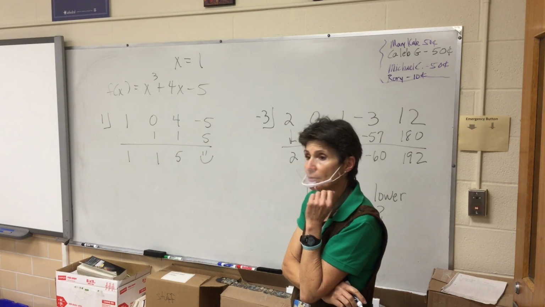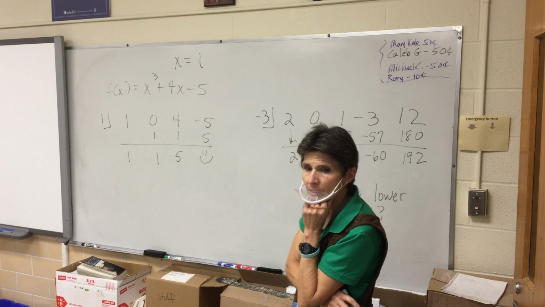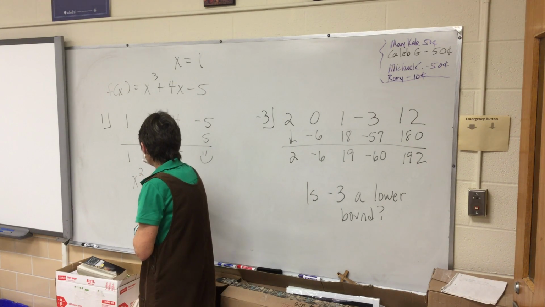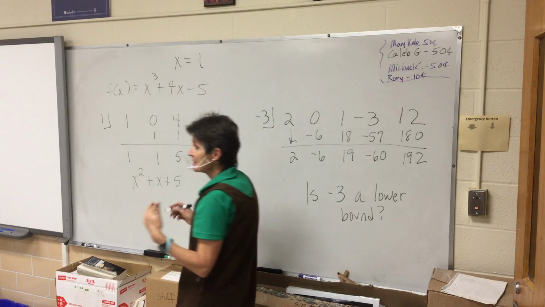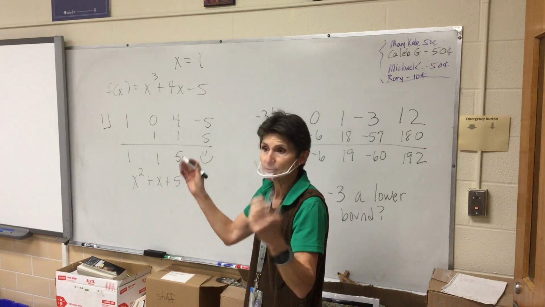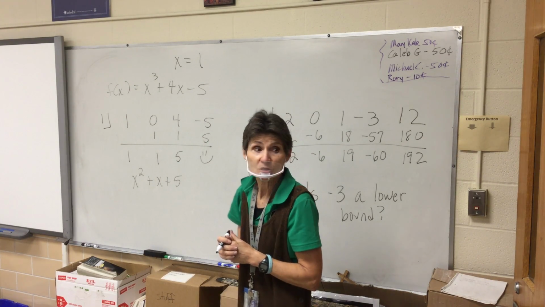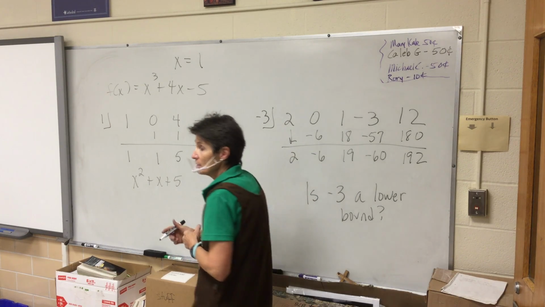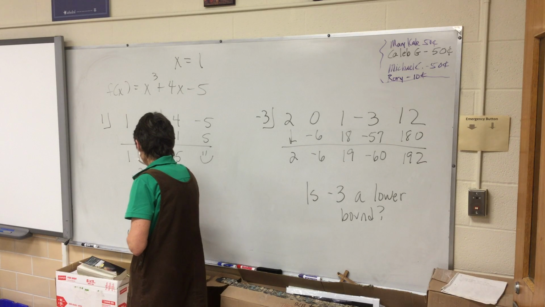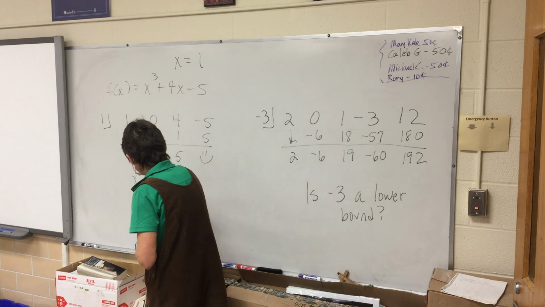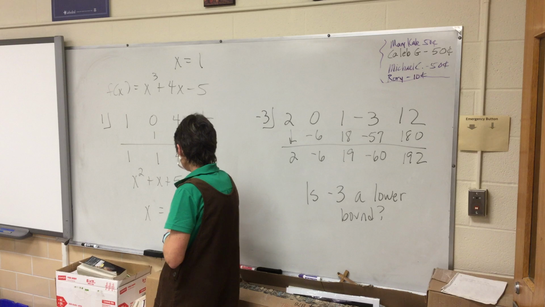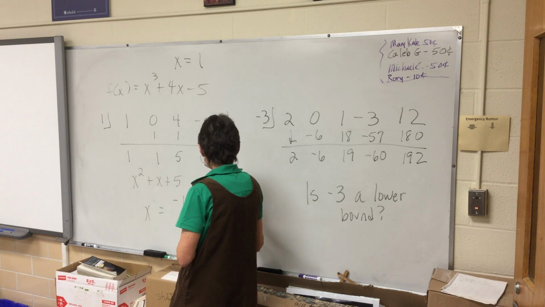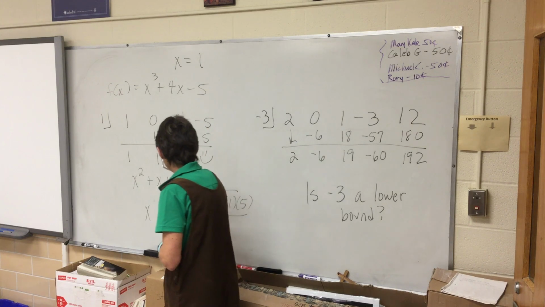Where are you going to get the other ones? This is a quadratic equation, x squared plus x plus 5. And if it factored, absolutely, feel free to factor. This one doesn't factor though, so we really don't have a choice. We'll use our quadratic formula, x equals negative b plus or minus the square root of b squared minus 4ac all over 2a.